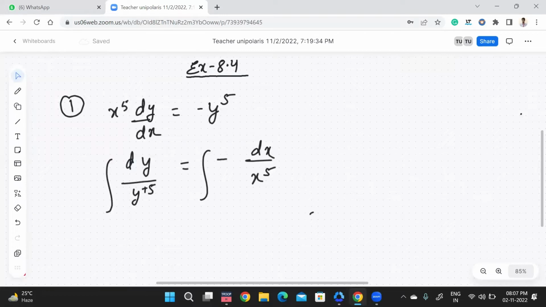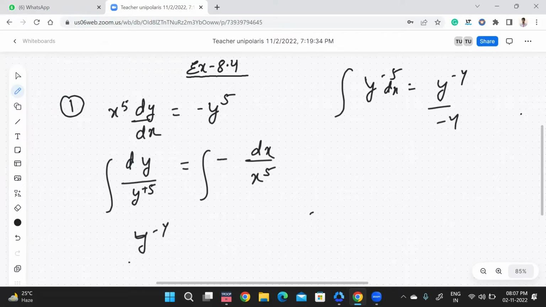So you can write it as y raised to the power minus 5 like this. Then you can integrate it as y to the power minus 4 divided by minus 4. So you get both sides as y to the power minus 4 divided by minus 4 and x to the power minus 4 by minus 4 plus c.